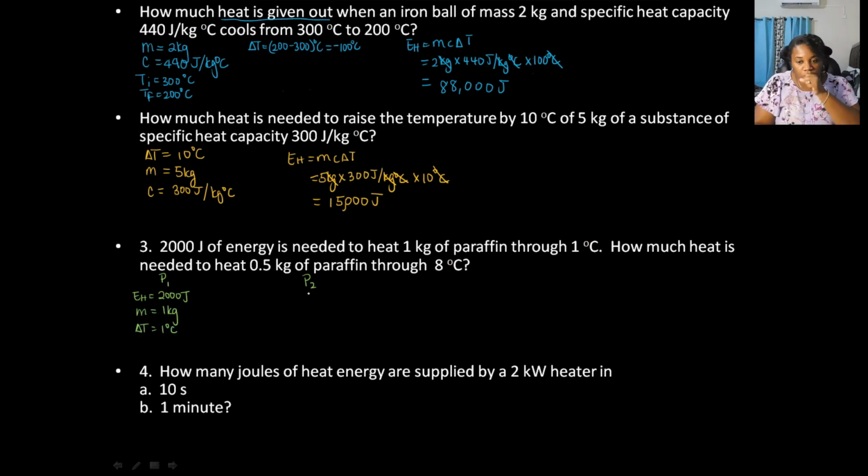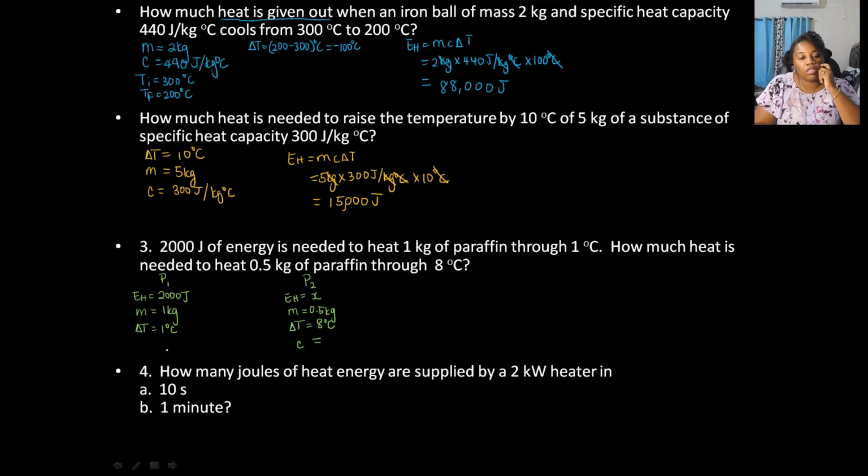And then with paraffin 2, it says how much heat, so we're looking for EH. EH equal X, and then we have the mass 0.5, and I have the temperature change, which is 8 degrees Celsius.